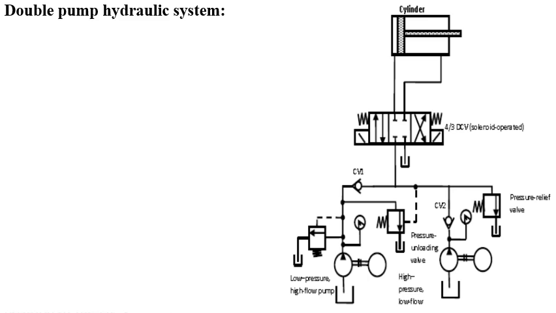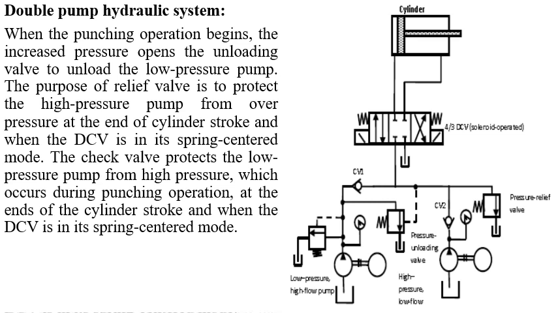Now see what will happen during extension. I will go to the diagram. In the diagram we can see a reservoir, then the pumps: one is a low pressure high flow pump, and the second is a high pressure low flow pump.